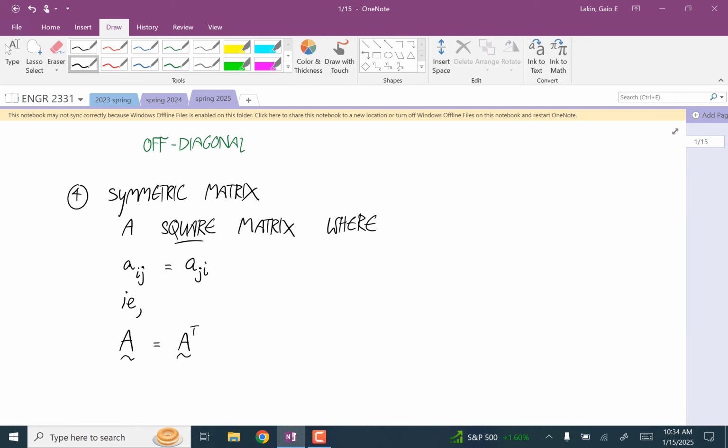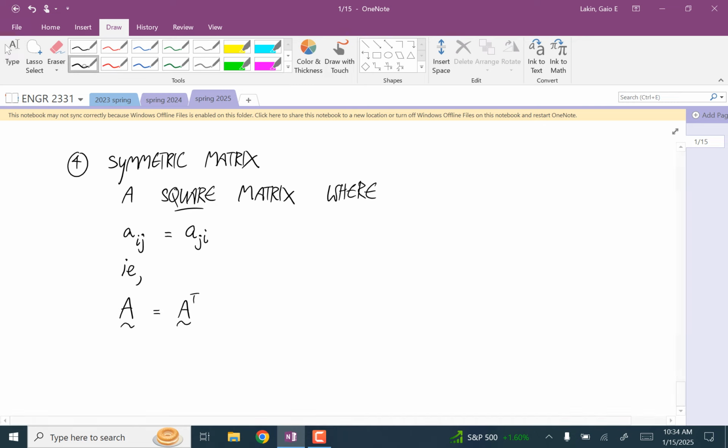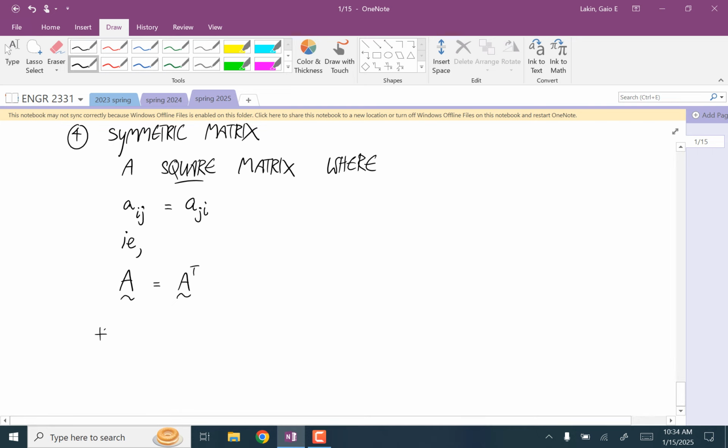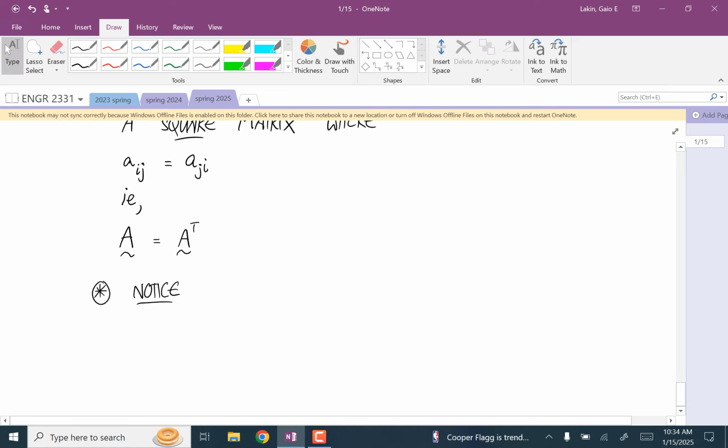One really useful thing about symmetric matrices, notice, symmetric matrices always have all real eigenvalues.